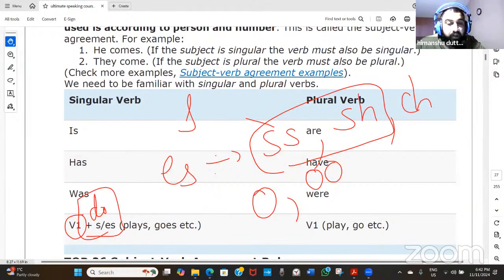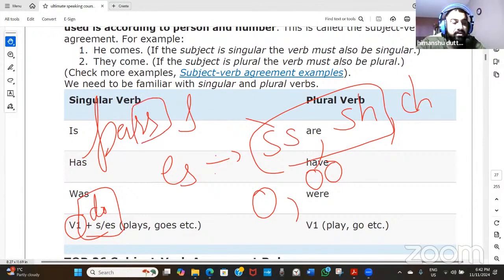Let me tell you, when we say pass, we have used double s at the last. For the third person we won't write s along with it, we will write es with that. That's the rule. That's the way we need to understand that one. If the verb is ending with the double s, then we will use es with that.